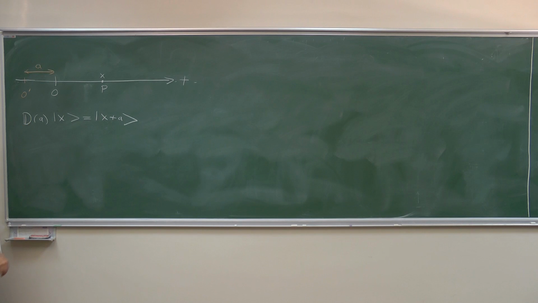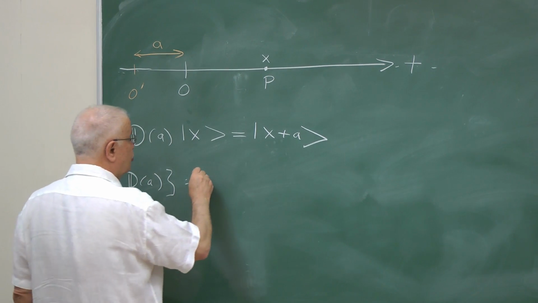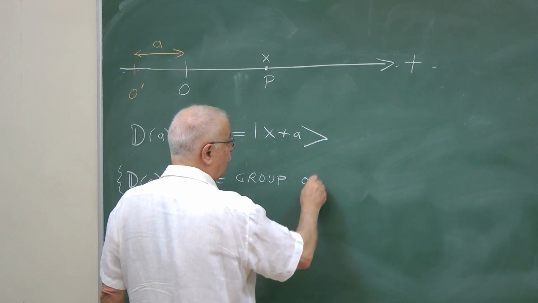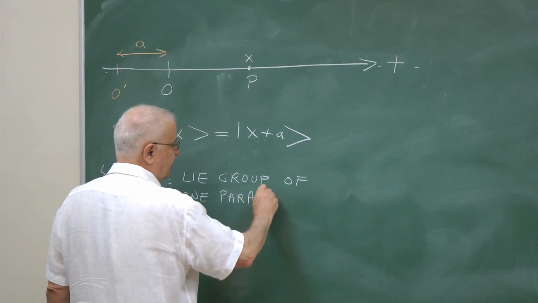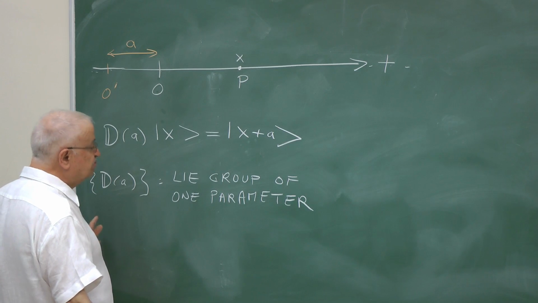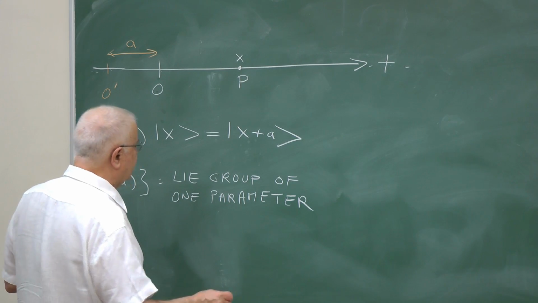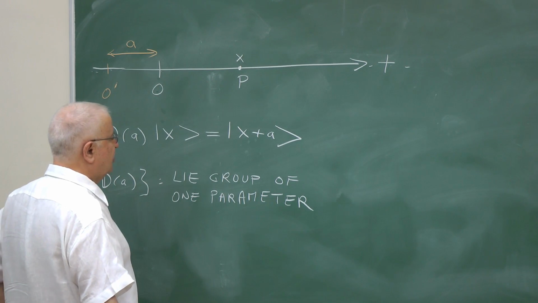Now, d of A, I will not go into the details. The set with all the possible A values is a Lie group of one parameter, namely A. And it will have one generator, but we'll come back to that later.